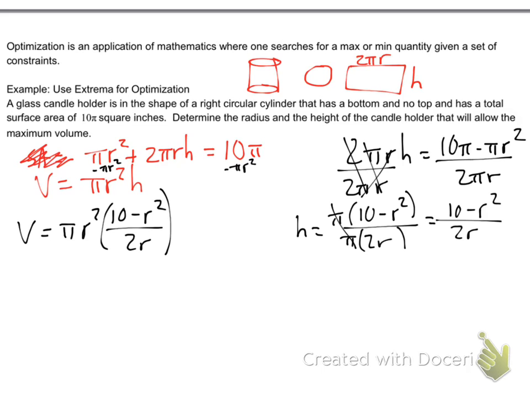Yeah, the R squared. Is there anything on top and on the bottom of this? An R. Hopefully you recognize that this would really be pi R squared over 1, and then I'm multiplying these two fractions. So I can get rid of this R and that square. So V is equal to pi R times 10 minus R squared all over 2.